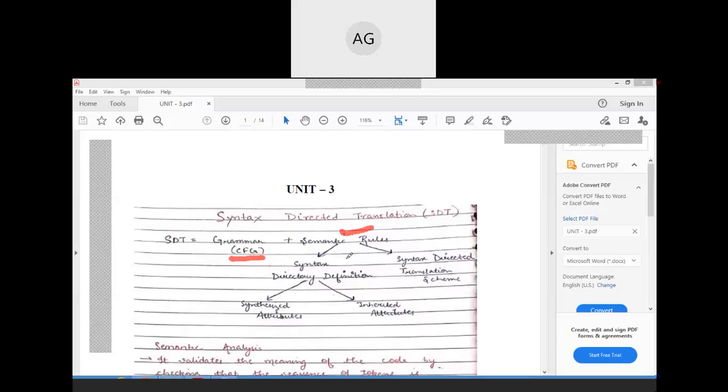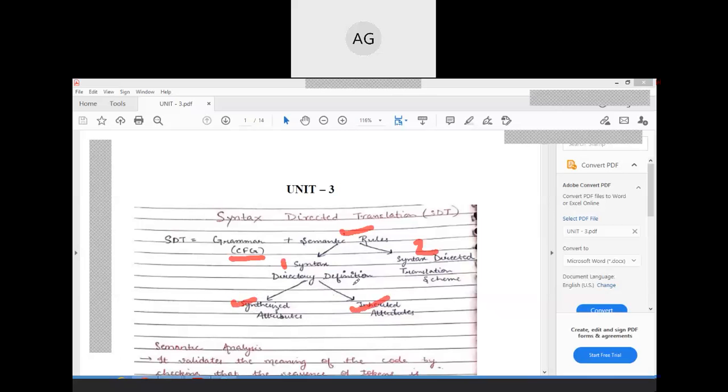So the semantic rules are further classified into two forms: syntax directed definition and syntax directed translation schemes. Now the syntax directed definitions are further classified into synthesized attributes and inherited attributes.